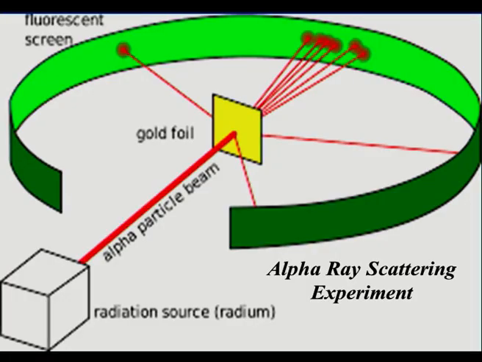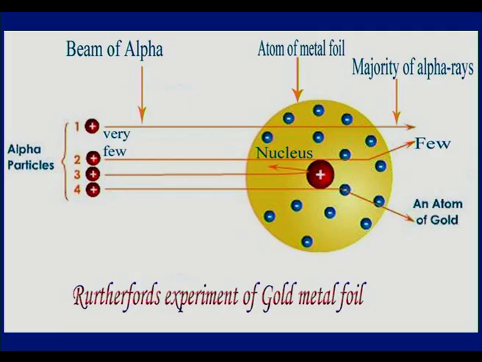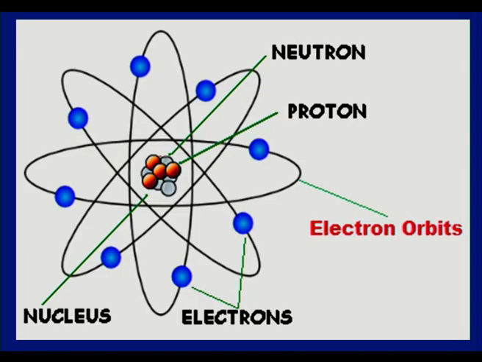Based on these observations, Rutherford concluded that most of the mass of the atom is located at the center of the atom, and he said that the center has a nucleus. In this nucleus both protons and neutrons are present, most of the atom is empty, and electrons are revolving around the nucleus, just as in the solar system planets revolve around the sun.